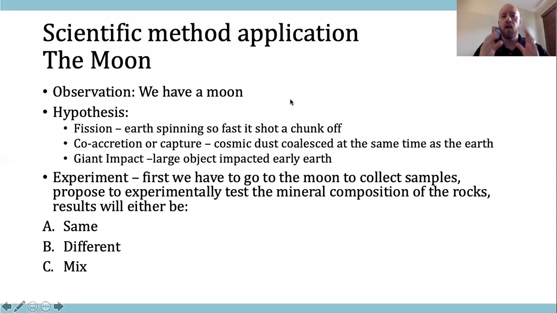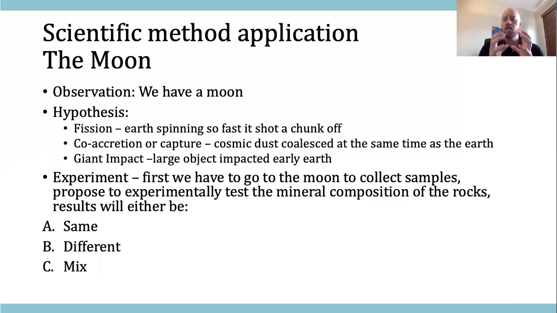A way that I usually describe the scientific method is like this. When we look at the moon, we observe that we have a moon. Many cultures have identified that there was an object there. So we create a hypothesis. How did we get the moon? Did it spin off of the Earth when the Earth was more liquid and hot?